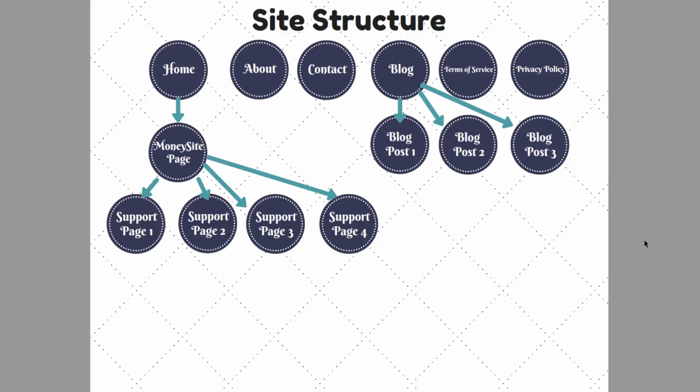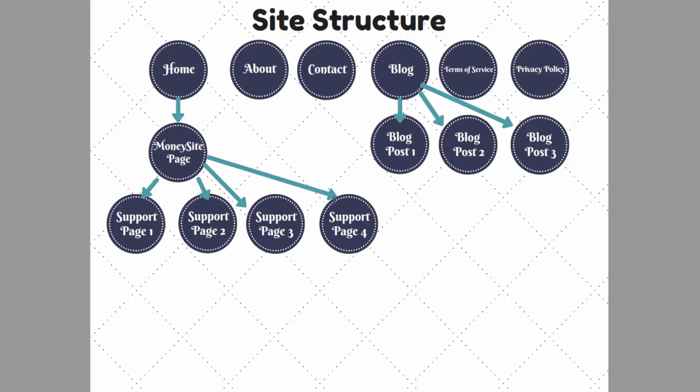Now, as I've said, this is an example money site page, and from this money site page, you'll have links going to your support pages. So basically all these supporting pages will be linking to and supporting your main money site page.